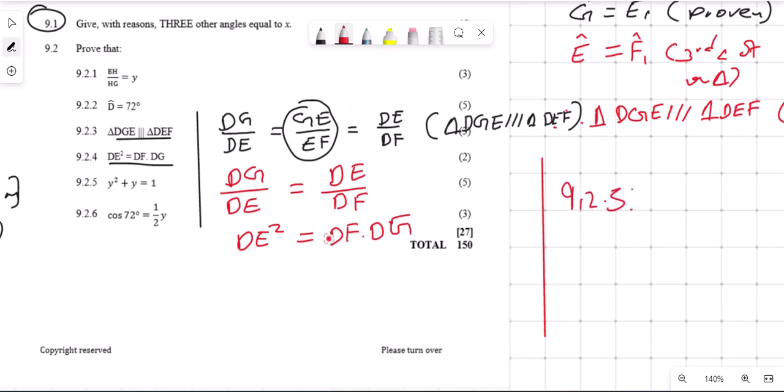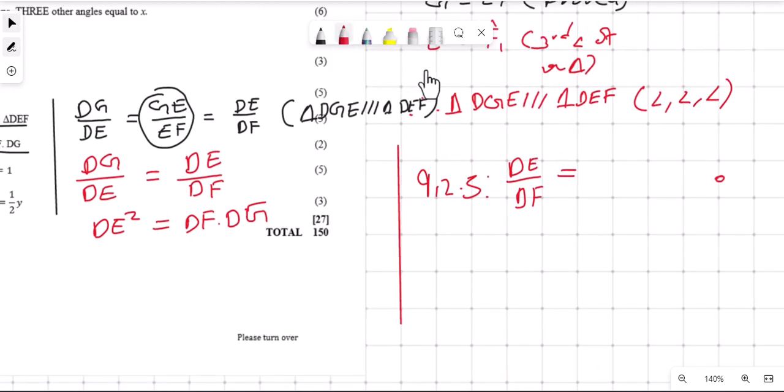It comes back to say to us DE over DF, which is equal to DG over DE.